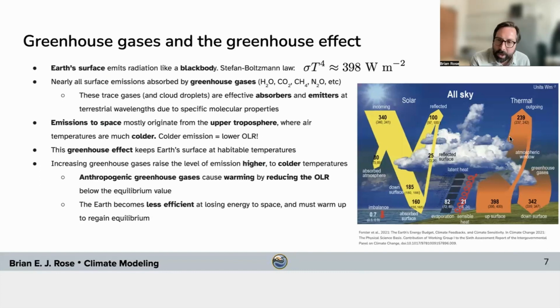And so we raise the level of emission and we thereby reduce the OLR. And so we're reducing the OLR below its equilibrium value, pushing the planetary energy budget out of balance and causing energy to accumulate. Essentially, we've made the Earth less efficient at losing energy to space, and it has to warm up in order to regain equilibrium.